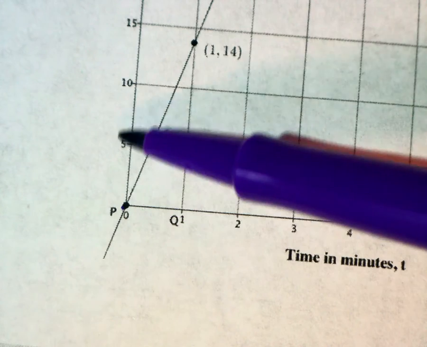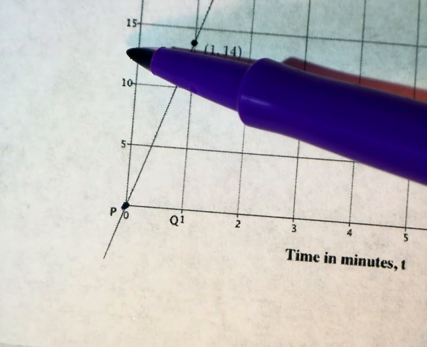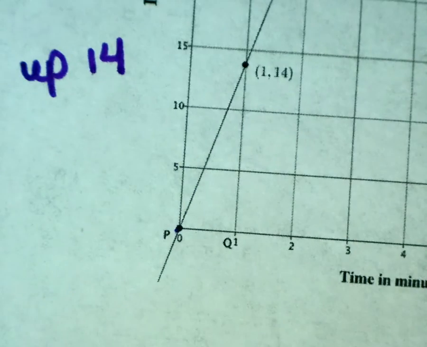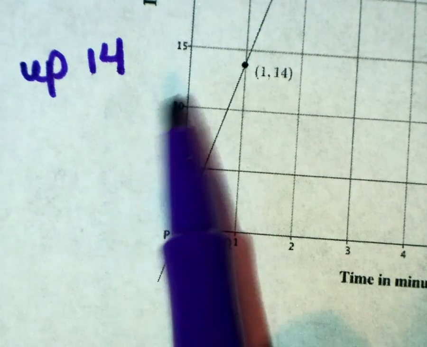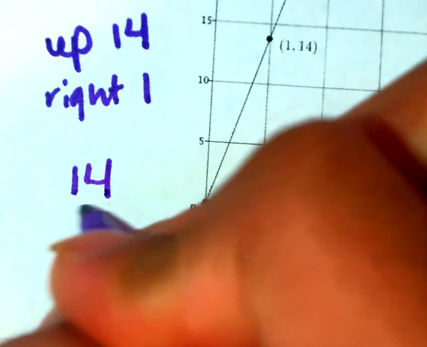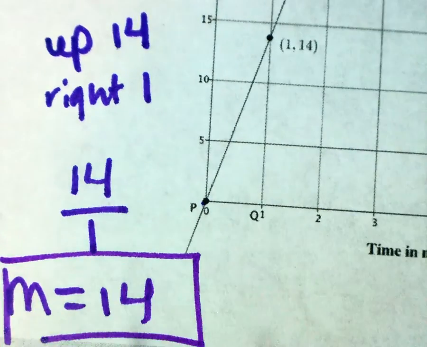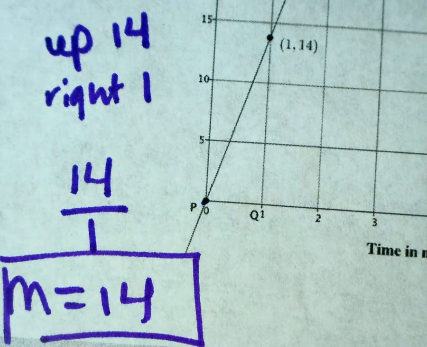All right, so she is going to need to go up, not fully to 15. She's actually only going to go up 14. Then she's going to need to move to the right 1. I remember we use those numbers to help us find our slope. So if I'm moving up 14 and to the right 1, that means slope is going to be 14.